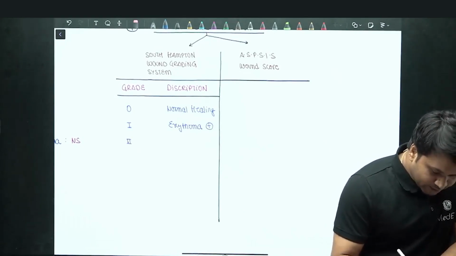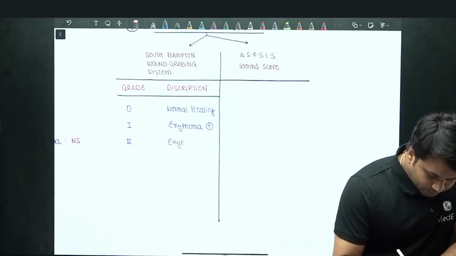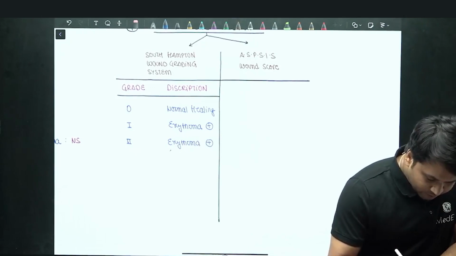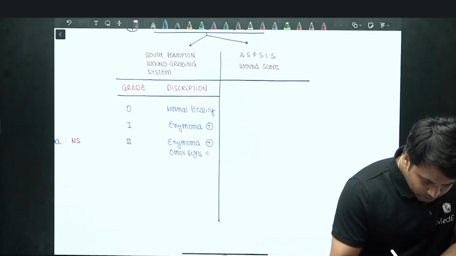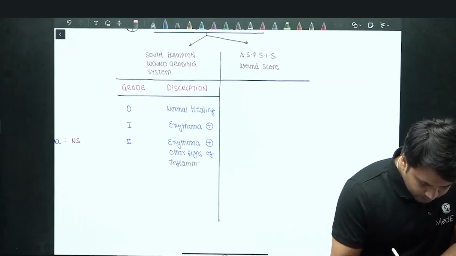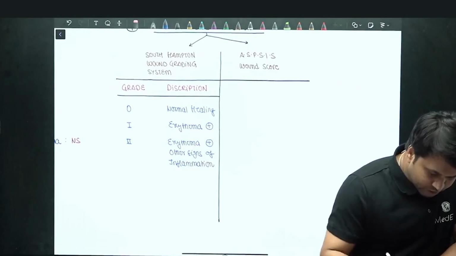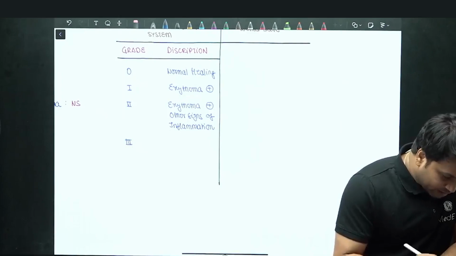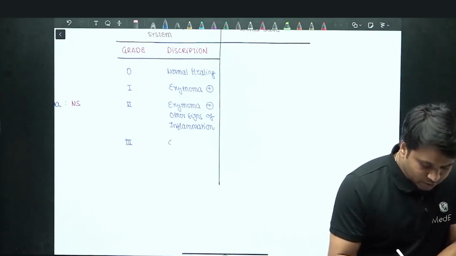Grade 2, there will be presence of erythema with other signs of inflammation. Then you have grade 3, that is clear or hemoserous discharge is noticed.